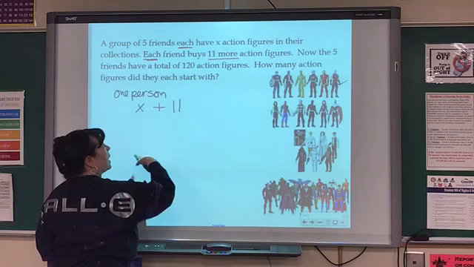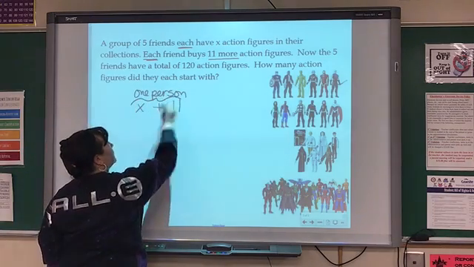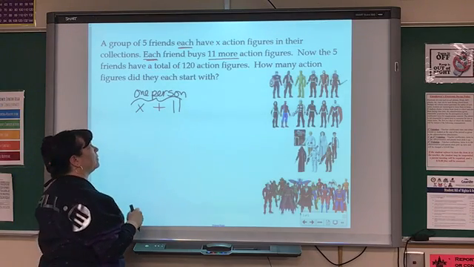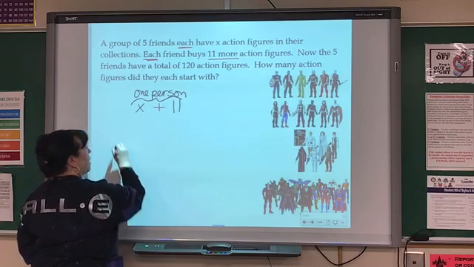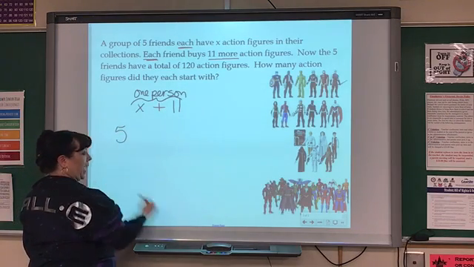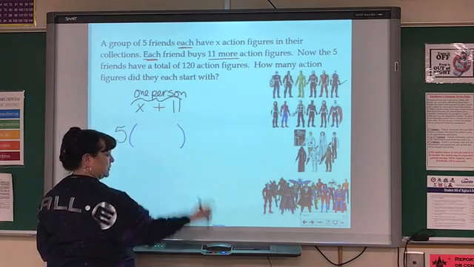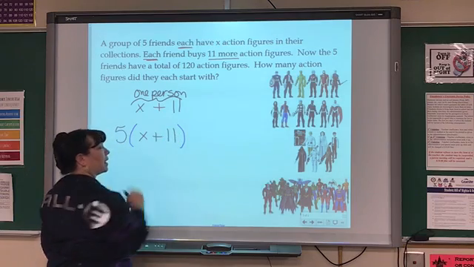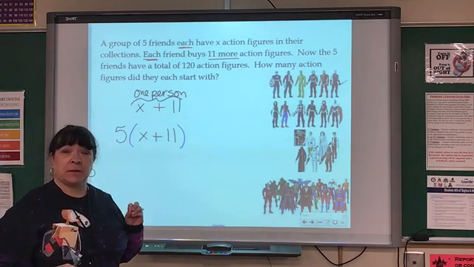So I can then go from one person being this to 5 people by saying, if I take my 5 people and I multiply it by what one person has, that's a way of looking at my 5 people.